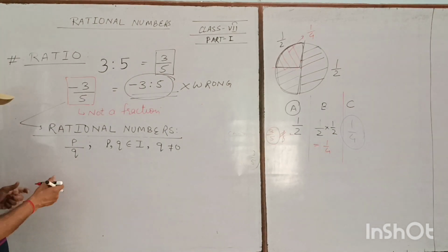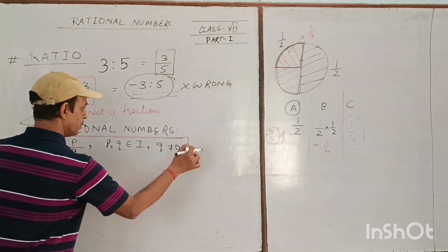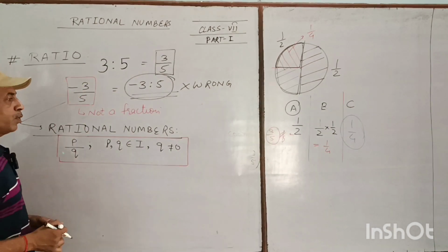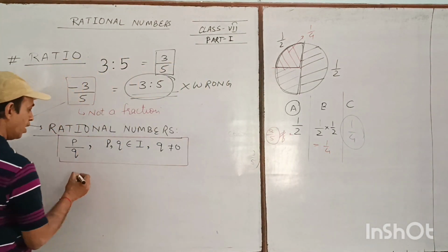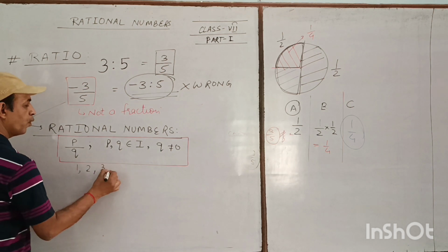Now, if you see this property, then what can you say? Look at the natural numbers 1, 2, 3, 4, 5.